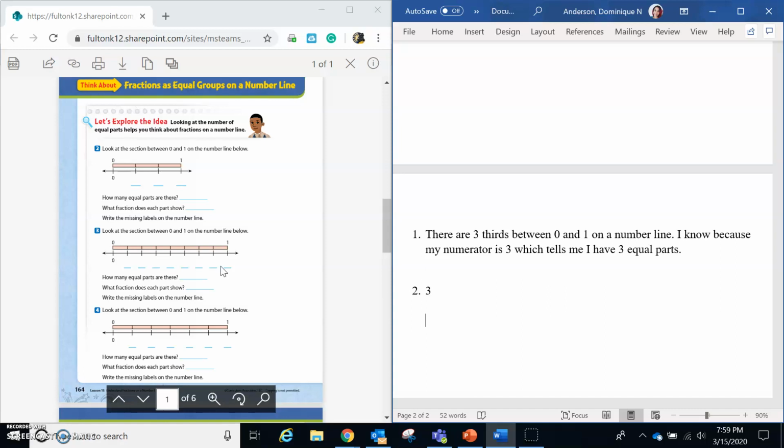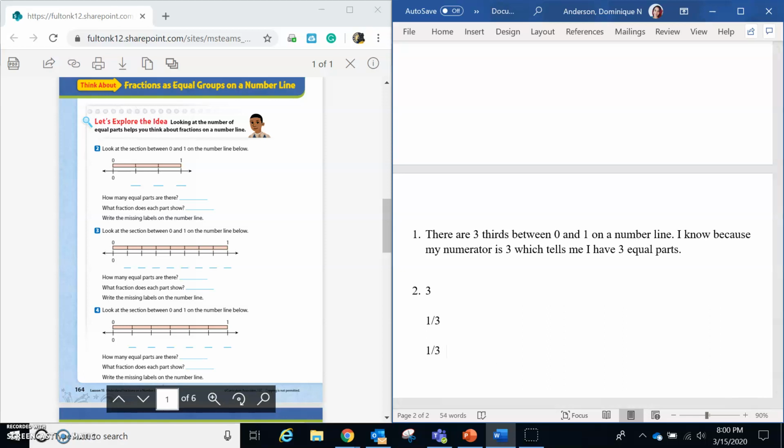What fraction does each part show? So I have 3 equal parts. What fraction do I have? Thirds. Good job. So each one is showing 1/3. Write the missing labels on the number line. So now, if I'm starting at 0 and I jump the first time, what fraction is that? 1/3.